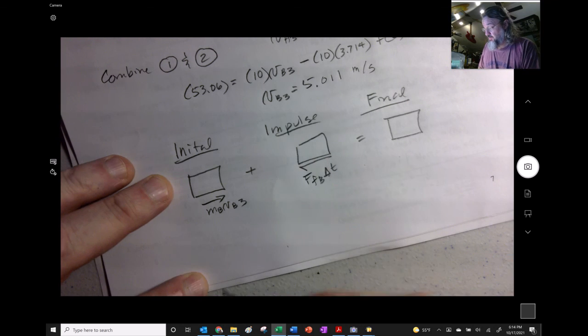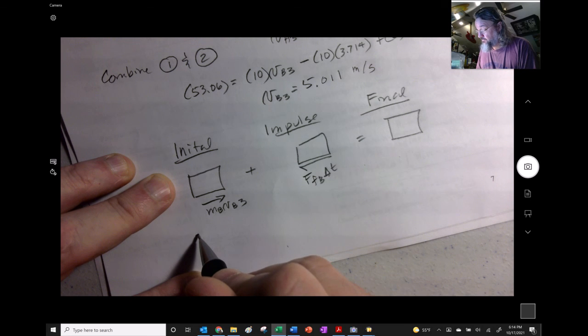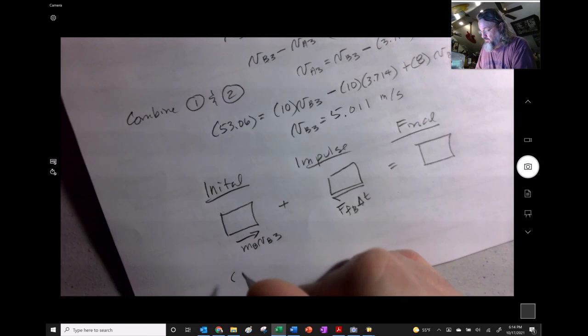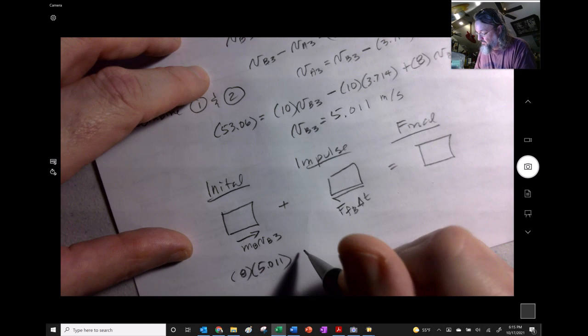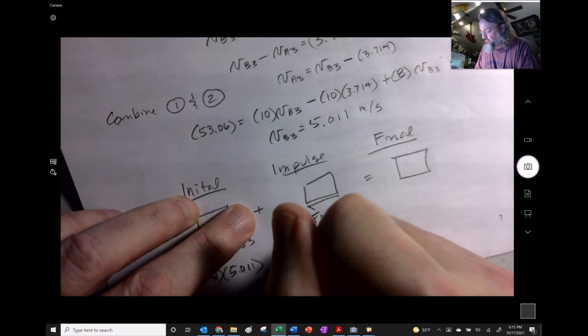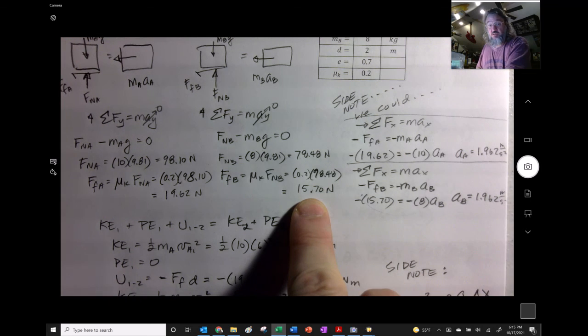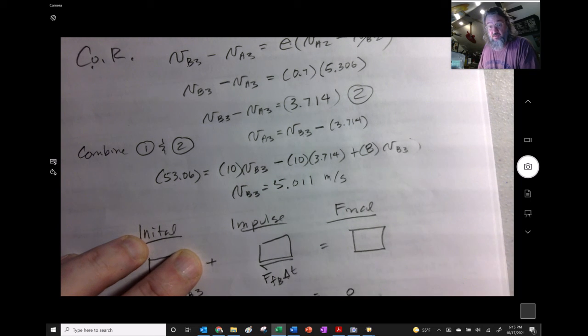So what is the mass of this guy? He was 8. So 8 times our 5.011. I say plus, but it should be minus, because that's going to be minus, and our friction force was 15.70 times delta T, and that's going to be equal to 0.